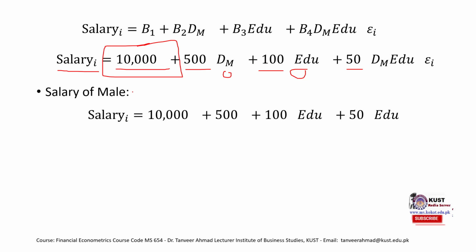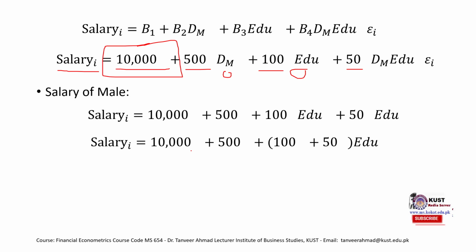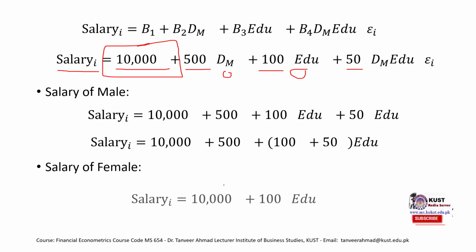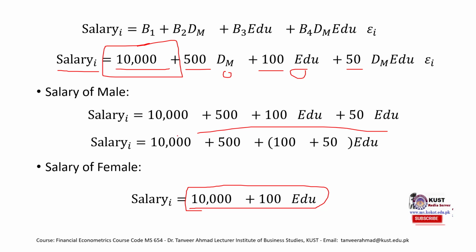So again, if we plug the values into the equation that we designed in the previous slide, this is how it would look. And if we compare it with the case of female, now you can see that for the same level of education, a female would earn this much and a male would earn this much. This 500 rupees is a premium for being male, that specific category.